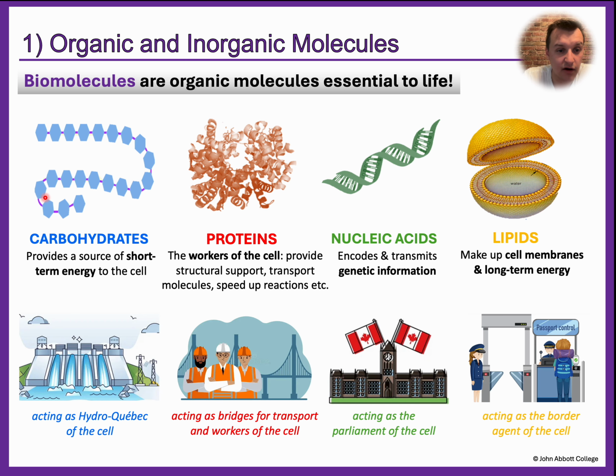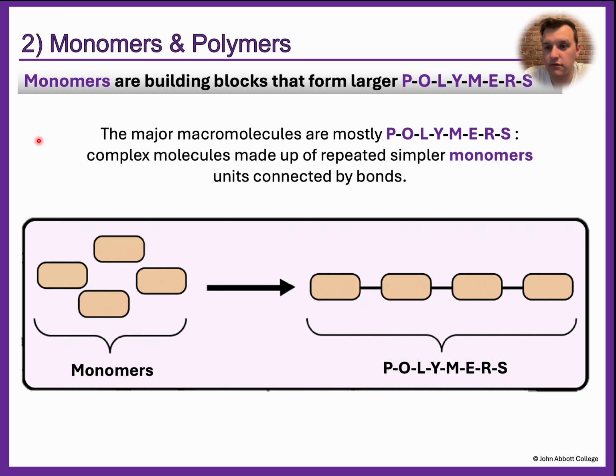These little hexagons we'll talk about in a bit, but those are monomers, and they form this big polymer. Maybe you've heard of complex sugars and simple sugars, like there's smaller bits and bigger bits. I want you to be aware that the major macromolecules, the big molecules, the biomolecules, are mostly polymers in our body.